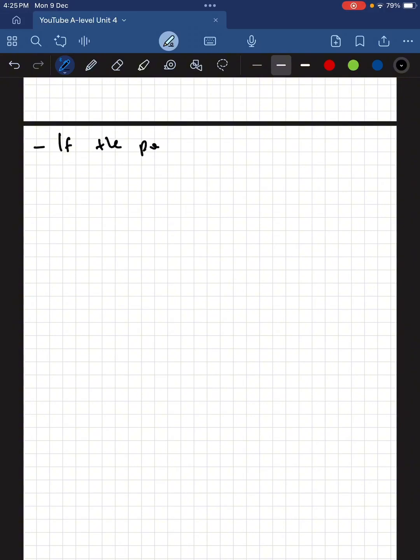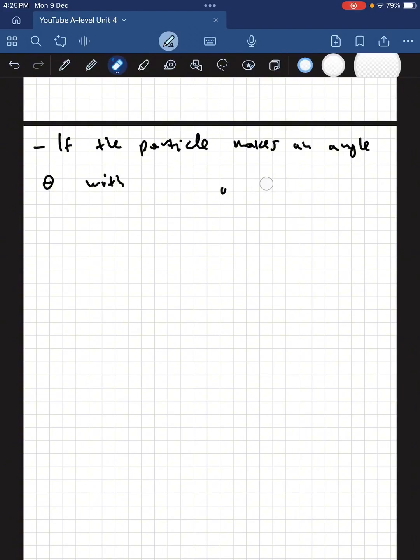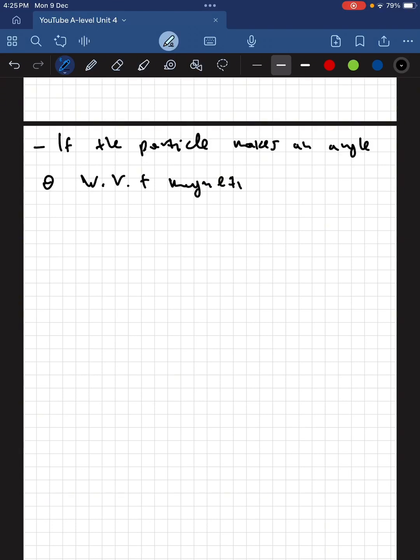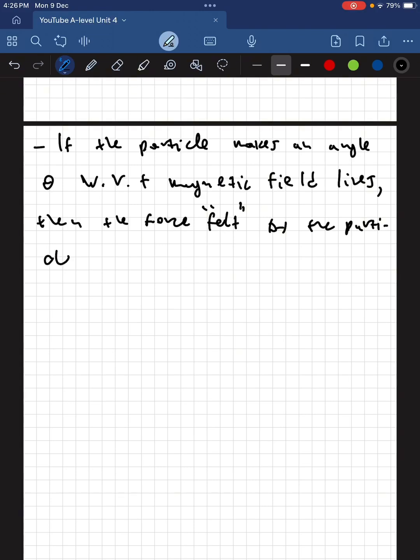If the particle makes an angle theta with respect to the magnetic field lines, then the force felt by the particle is F equal to QVB.